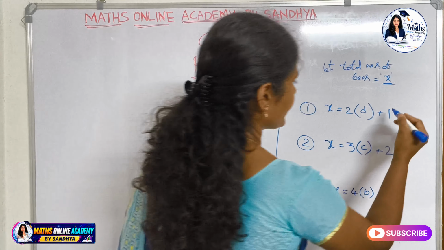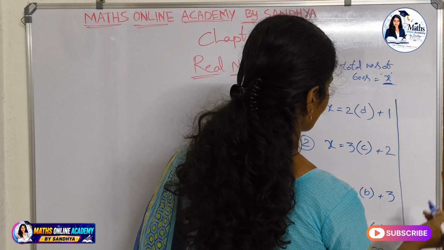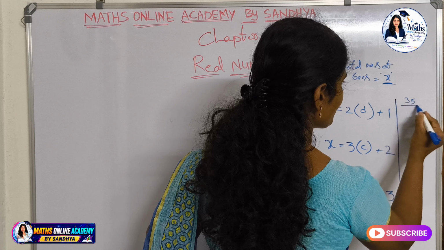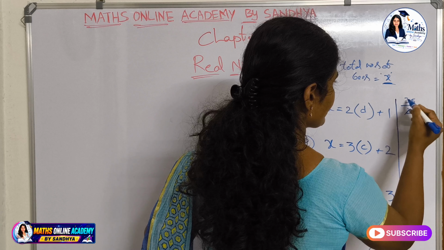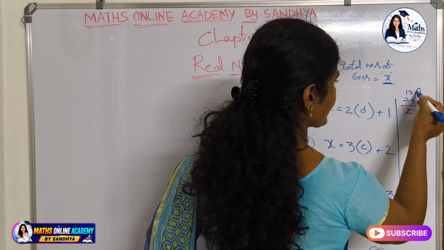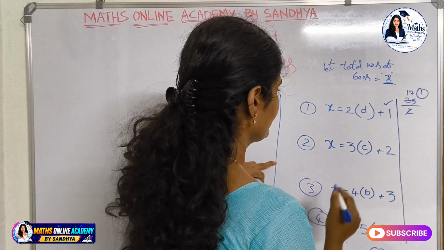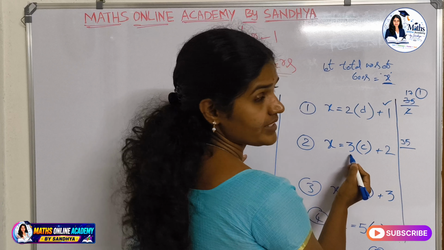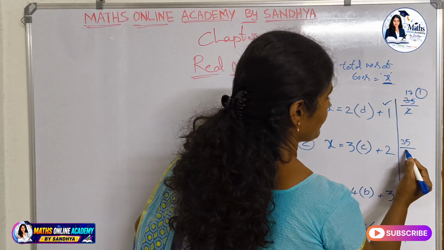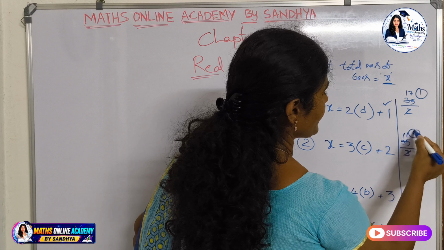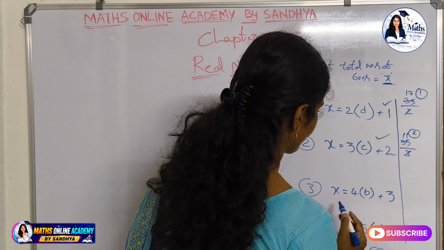So for 35, see here: 35 divided by 2, the remainder is 1, so this is satisfied. For 35 divided by 3, 3 11s are 33 and the remainder is 2. This one is also satisfied.